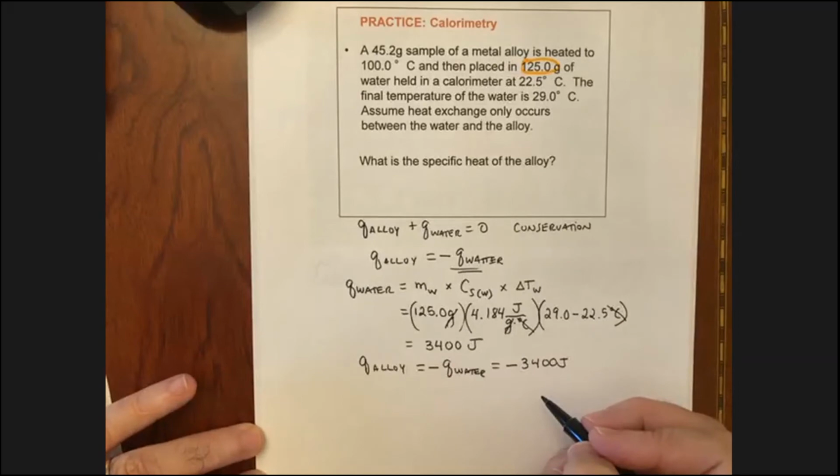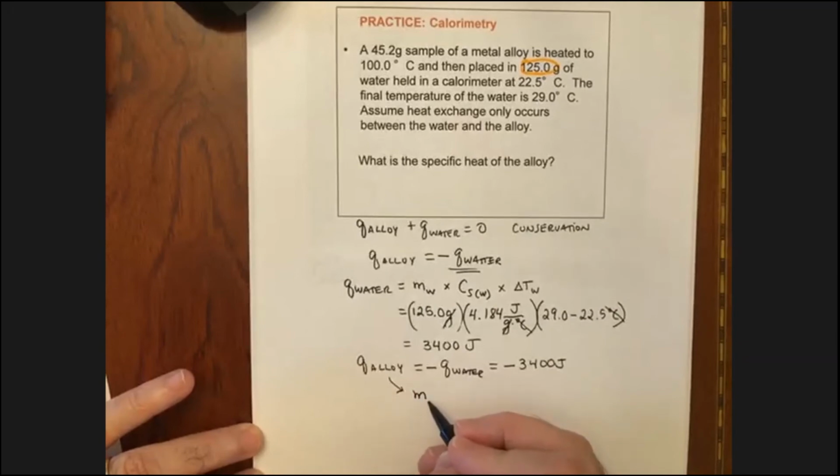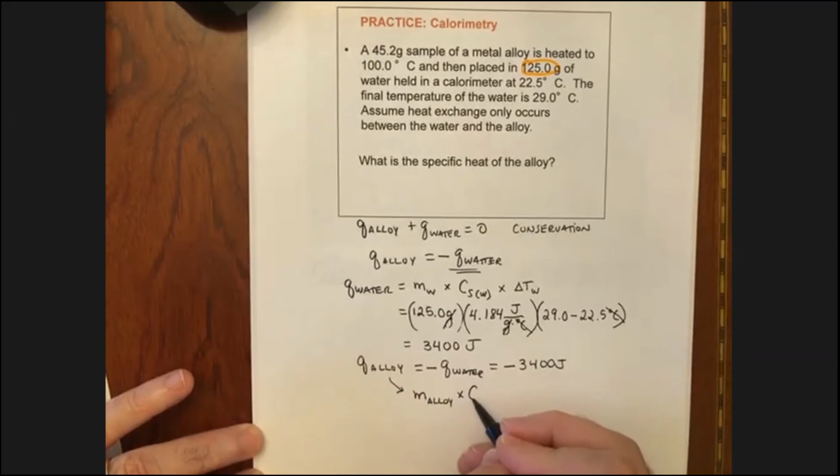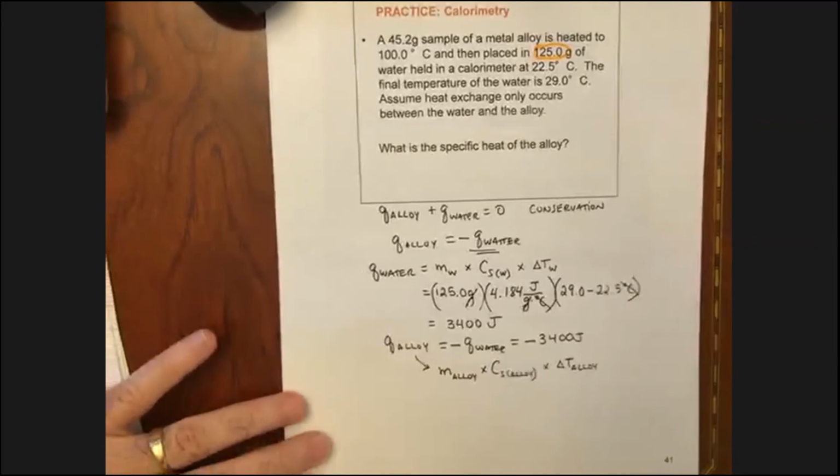Now, what I'm interested in is, what is the heat of this alloy? Well, it would be the mass of the alloy times the specific heat of that alloy times the temperature change of the alloy, not of the water, of the alloy. All right? So let me move this up a little bit so I have some room.